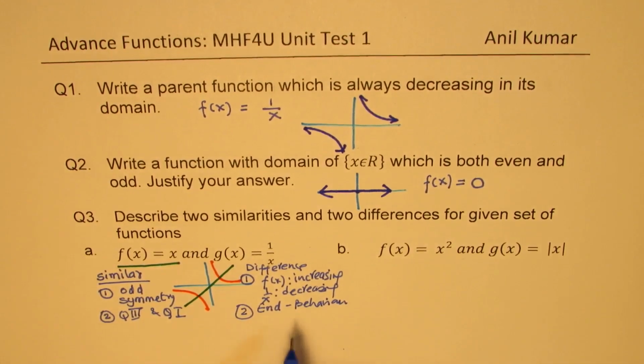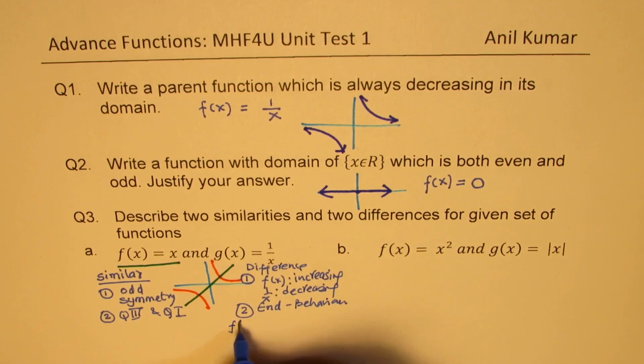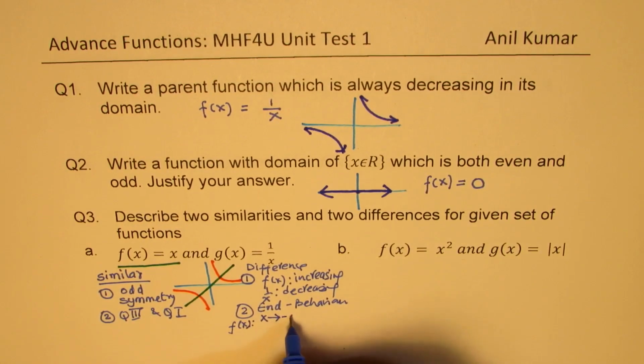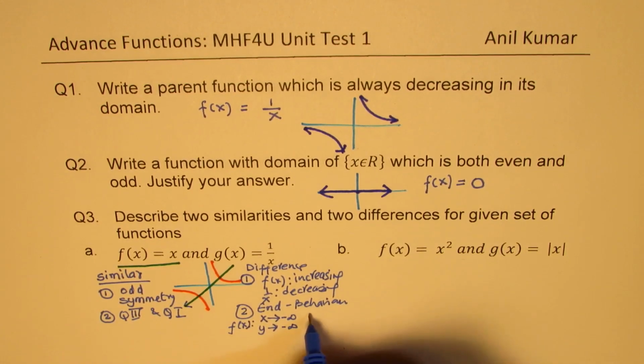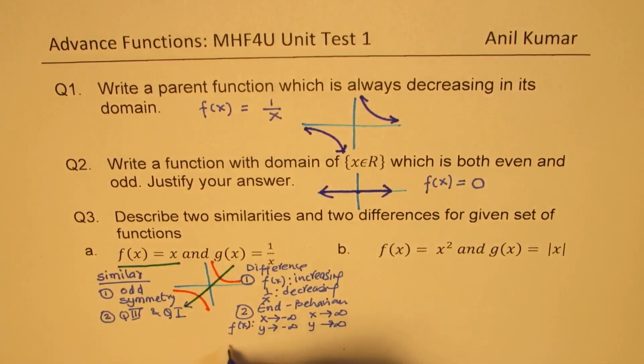Second difference we can say about the end behavior. Right, so these are good differences. For f of x, we can say when x approaches minus infinity, y approaches minus infinity, right? So that is f of x. And when x approaches positive infinity, y approaches positive infinity. That is f of x.